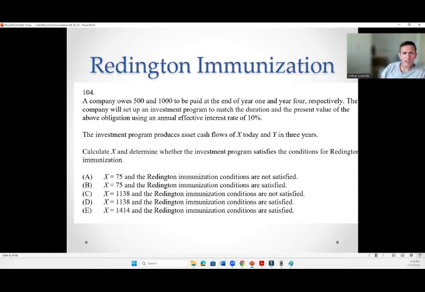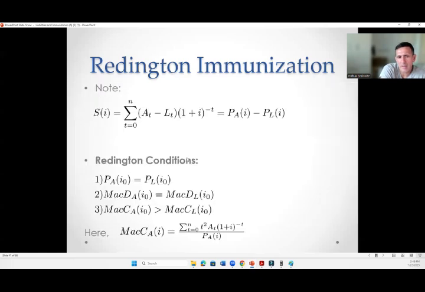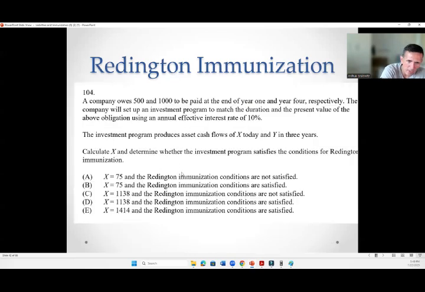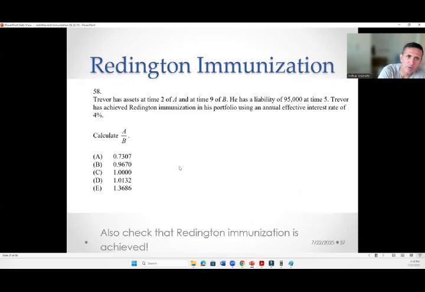So the present value of the assets is matching the present value of the obligation, and you're matching duration. It doesn't tell you which duration you're matching, but it absolutely does not matter. The punchline here is that you would do this problem exactly like you would do the previous problem.